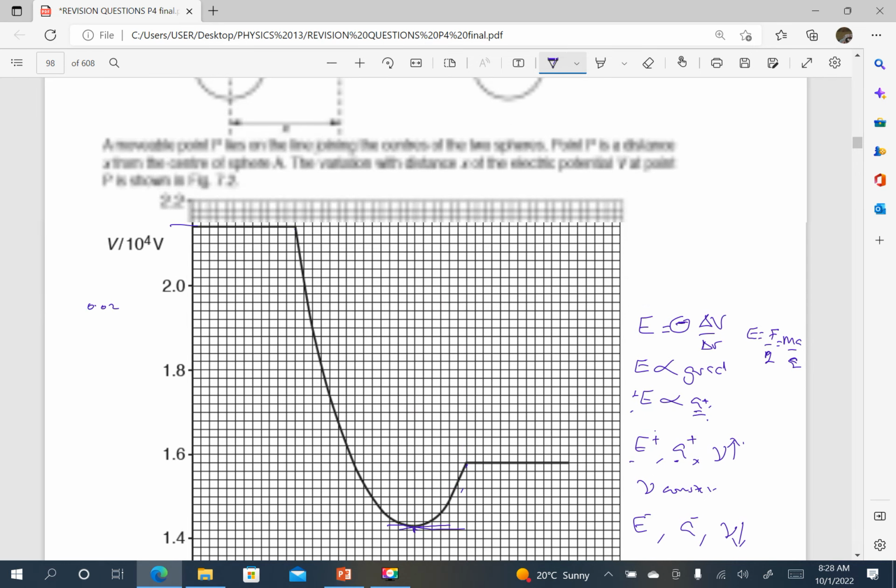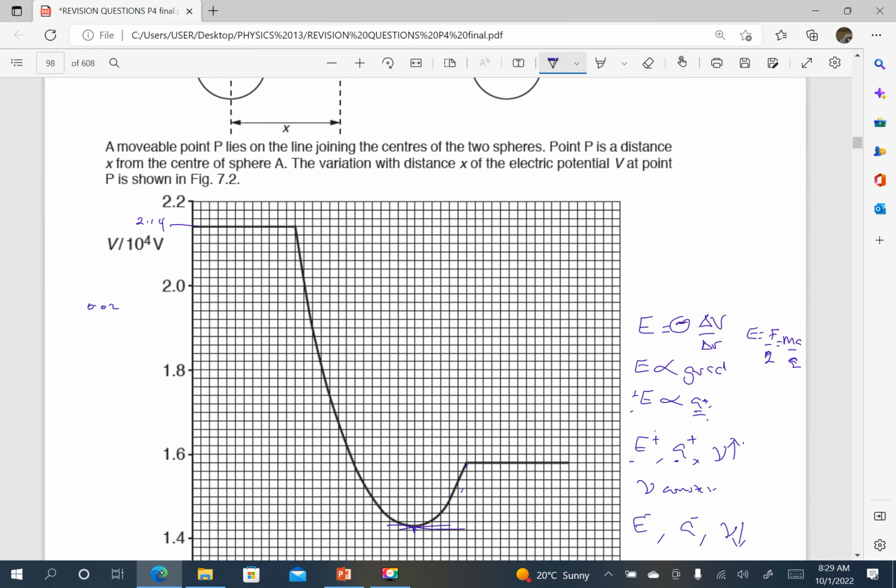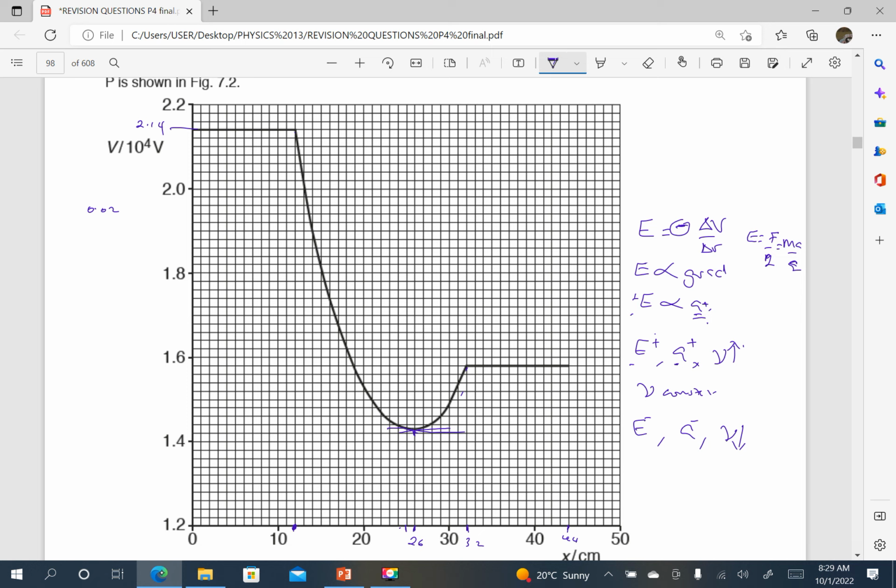So this is 2.14. And then at this level here, I just subtract one small box. That would be 1 point, I think it's 1.4. No, we are interested in this point here.